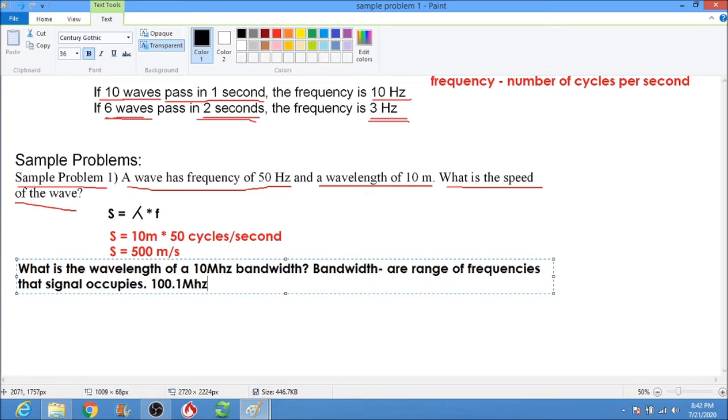Usually the bandwidth of an FM station is 0.9 megahertz. So that is the bandwidth of an FM station.